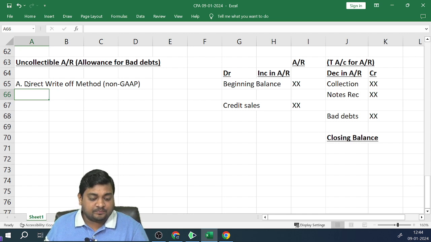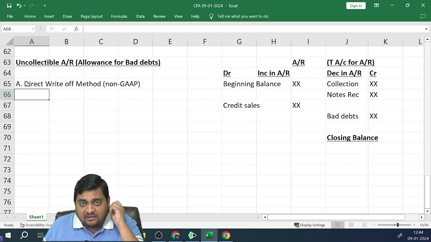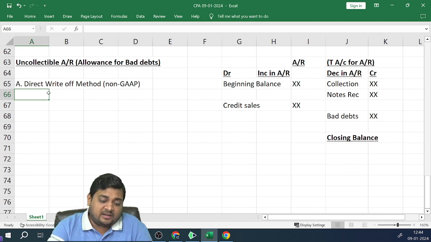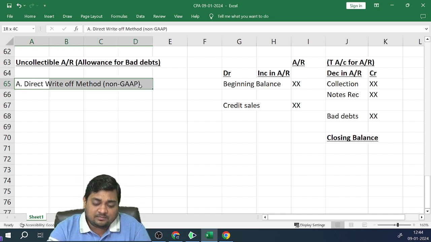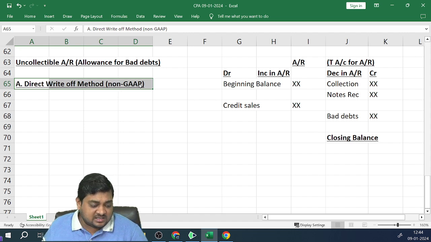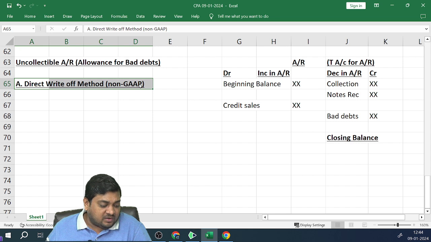Right? Now, this T format of accounts receivable we have learned in our +2 level, right? And this is very simple.